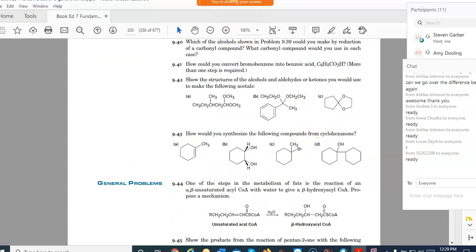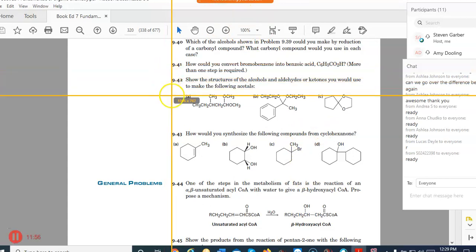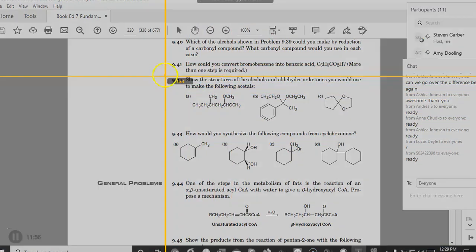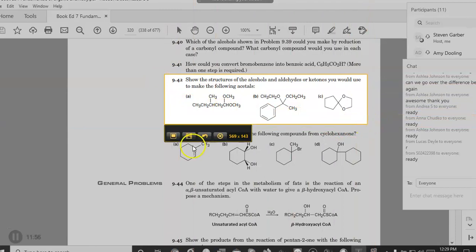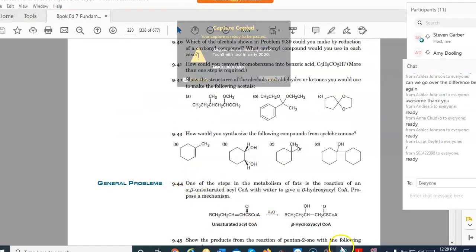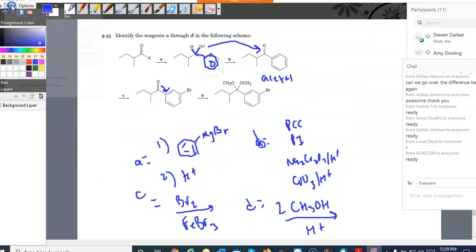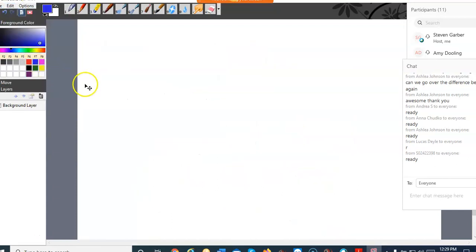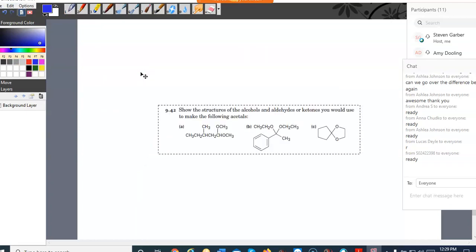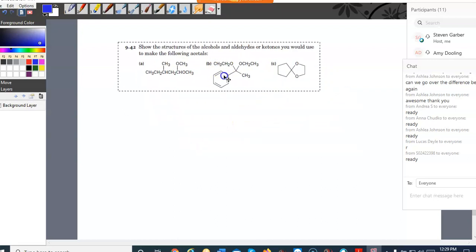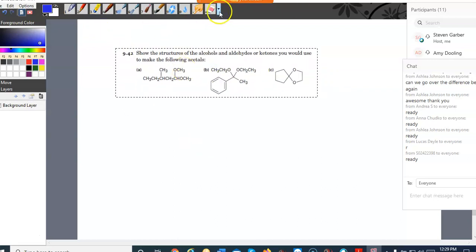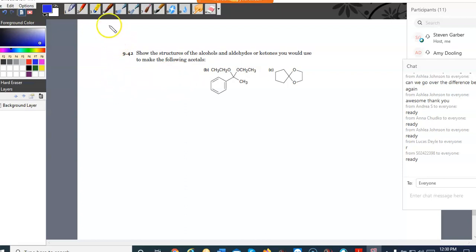Actually, you know what? Let's do 42, just because acetals sometimes can be confusing, so I want to make sure you guys really get those. However, let's not do A. Just do B and C. There are 2 different ones there.